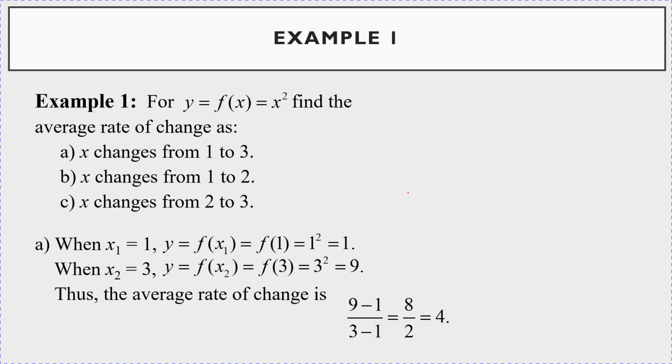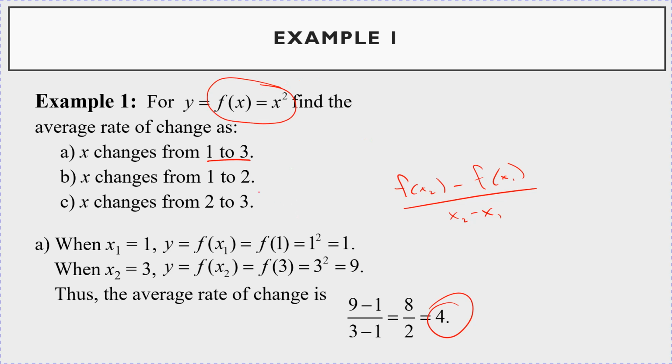And remember, the average rate of change is just equal to f of x2 minus f of x1 over x2 minus x1. So this is f of x2, which is 9, minus f of x1, which is 1, divided by the change in x. Well, this first one is going from 1 to 3, so it's 3 minus 1. So you can see here that the average rate of change of this function from 1 to 3 is 4.